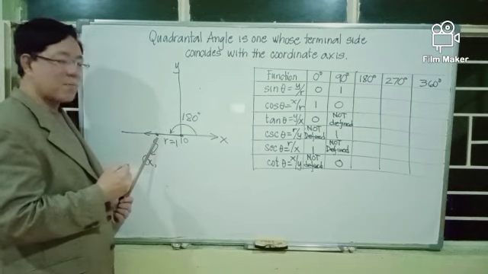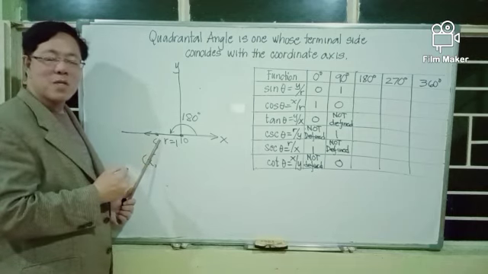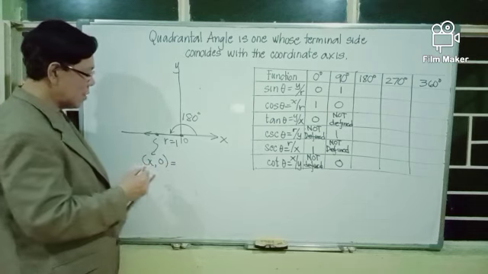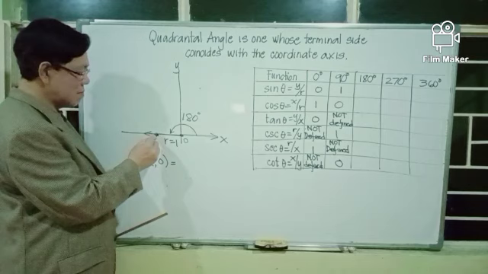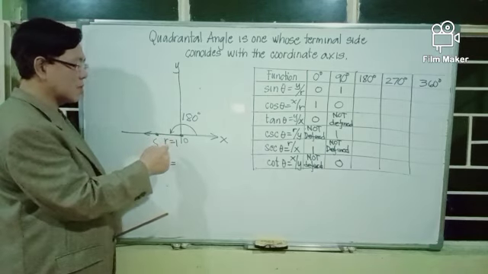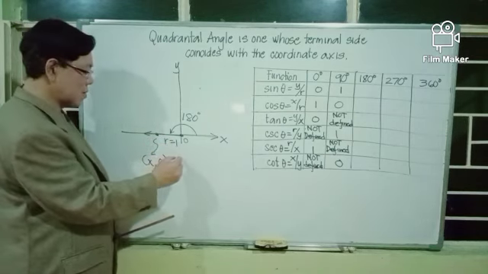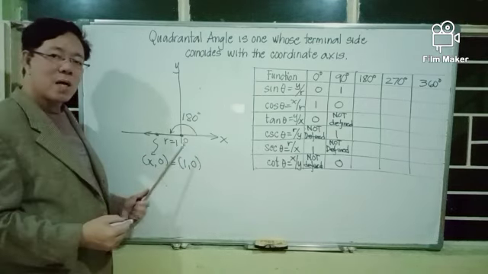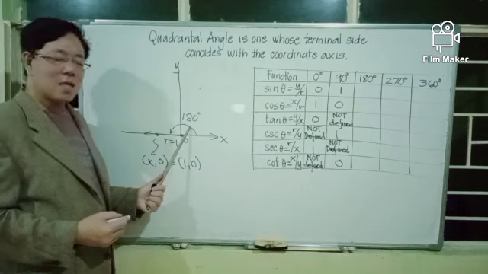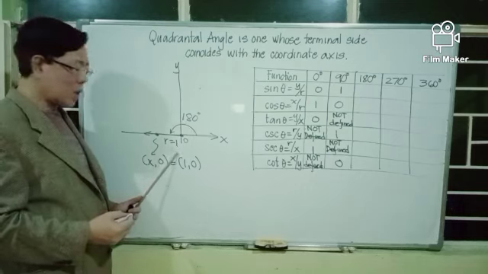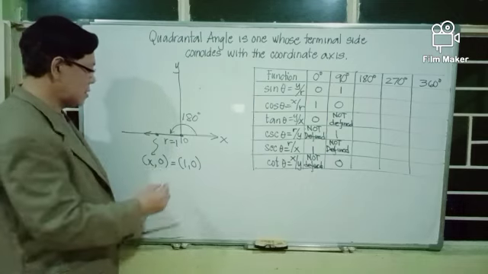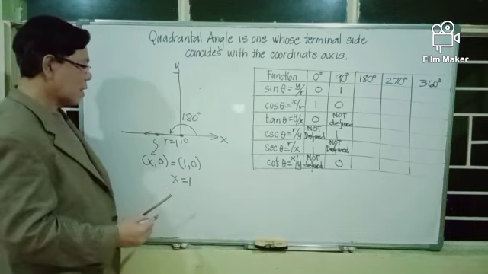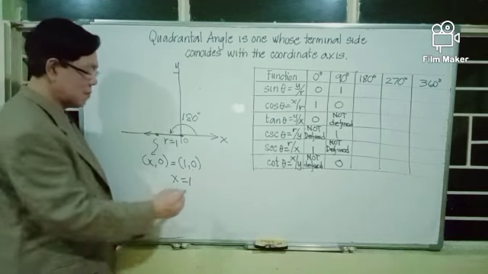And because this is a point on the x-axis, the value of the ordinate y is 0. And the value of x is the distance of this point from the origin, which is equal to the radius vector. Hence, for the quadrantal angle 180 degrees, r is 1, x is 1, and y is 0.